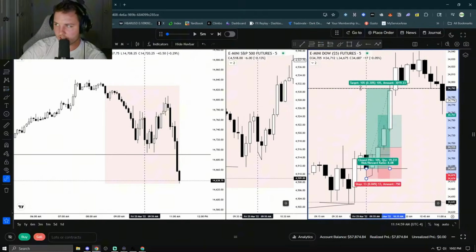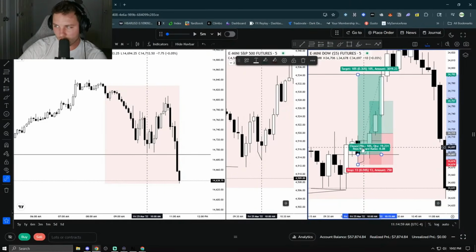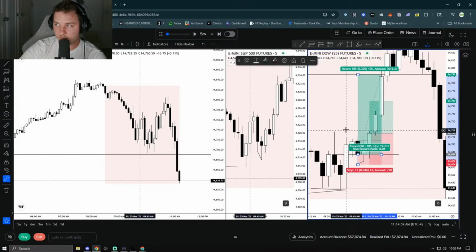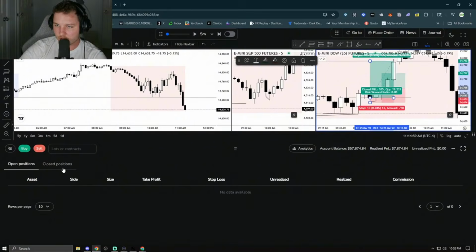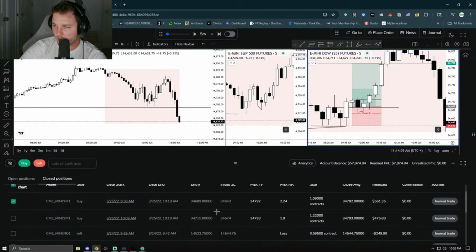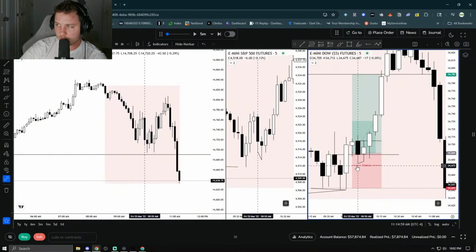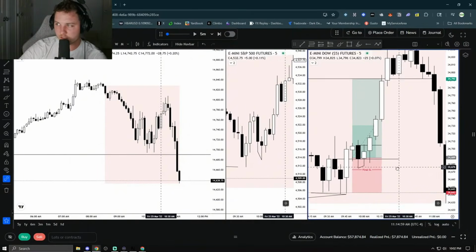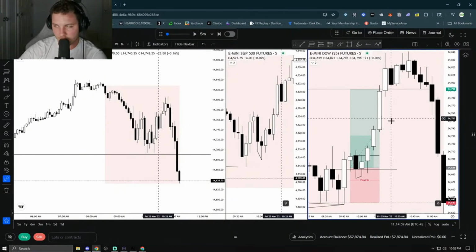So now this was technically, if I lost, an 8R trade because I was risking, how much did I make on this one? Okay, so I was risking like 200, but then as soon as I moved it to here, I was risking like, I don't know, $80 or something to make 500, right?